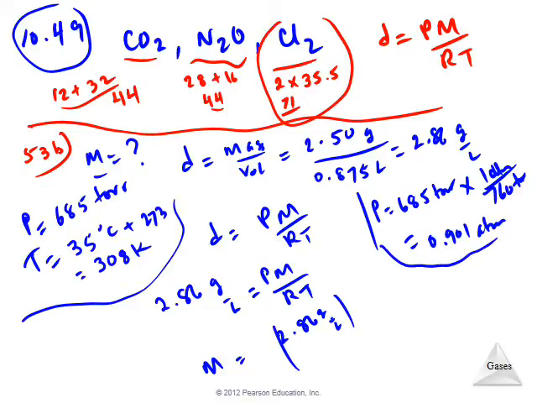R would be 0.0821 liter atmosphere per Kelvin per mole. And temperature is given, which is 308 Kelvin. And then it would be divided by pressure, and pressure is given by 0.901 atmosphere.